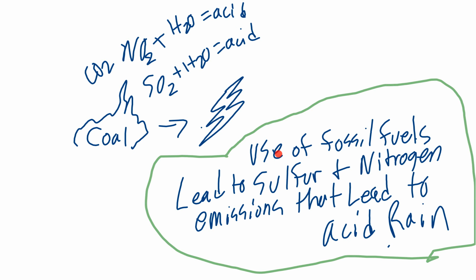So the use of fossil fuels lead to sulfur and nitrogen emissions, and those emissions can lead to acid rain. Now, all rain is a little acidic, but anything more acidic than normal is considered acid rain. And we've made a lot of progress in preventing severely acidic rain, but it is still a concern.